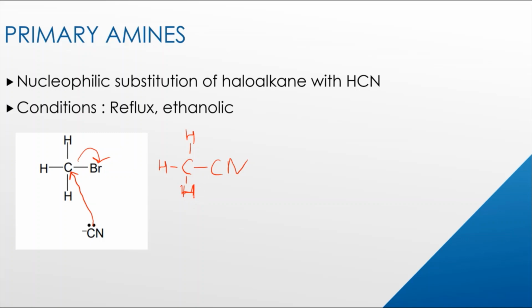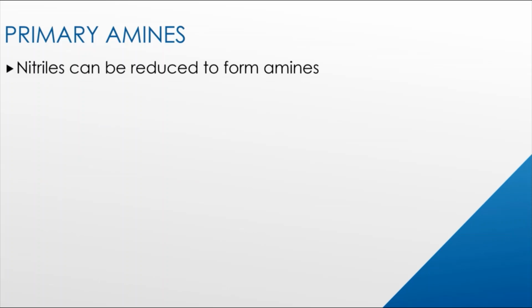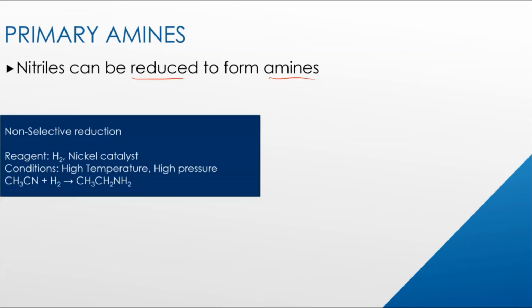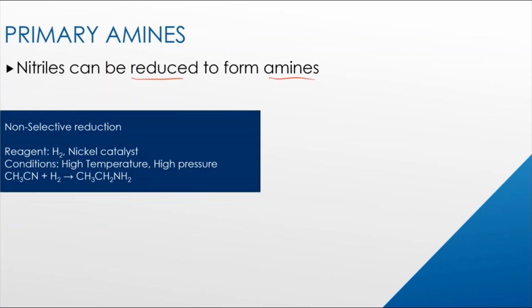But now this is still not an amine. So what can now happen is these nitriles can be reduced to form amines. So reduction can occur, and there's two types of reduction. First we can have the non-selective reduction, and this is by hydrogen and a nickel catalyst, and this happens under a high temperature and a high pressure.